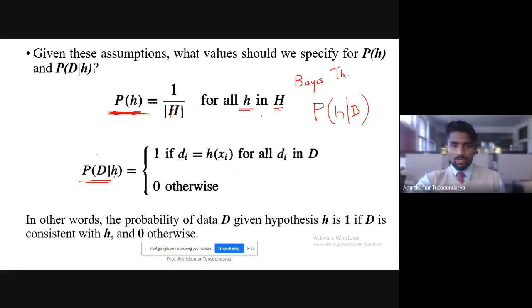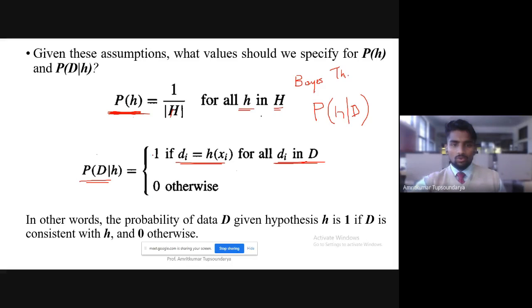And then similarly, P of D given H, that is the probability of the observed data given the hypothesis H, we are going to get that value as 1 if all the training data instances are consistent with the hypothesis, for all those instances present in the training data set D. If they are not consistent, then the probability of D given H will be 0.